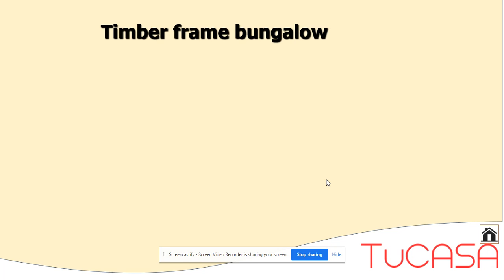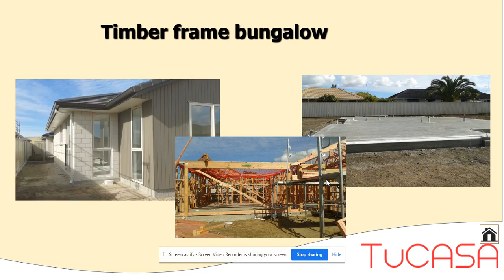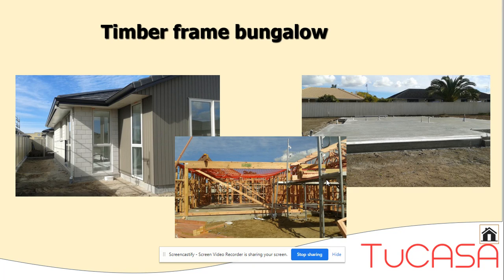Now, another type of construction I'll just briefly show you is a timber frame, where the builder lays a concrete slab, and you have prefabricated timber framed walls, floors, and roof structures delivered to site, erected very quickly, and then an external cladding of different materials applied to, of course, keep the weather out and to complete the construction of the wall.